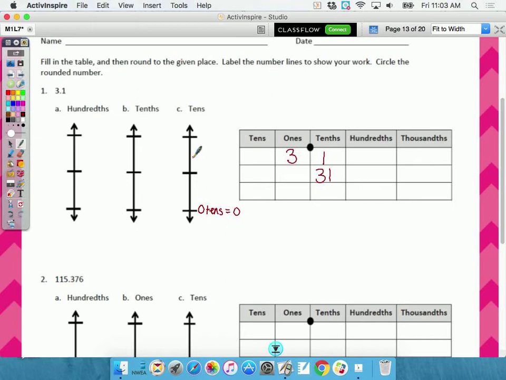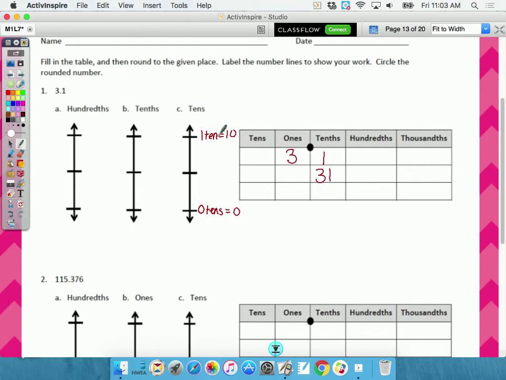Okay? So what comes after 0? 1. So 1 ten equals 10. If I put a 1 in the tens place, doesn't that equal 10? Okay. Now, by the way, one of them on your exit ticket has 0 tens and 1 ten.